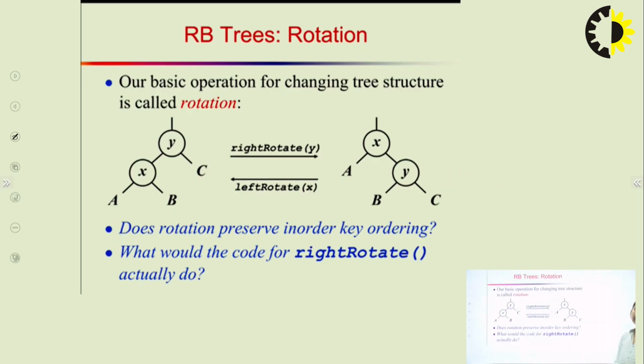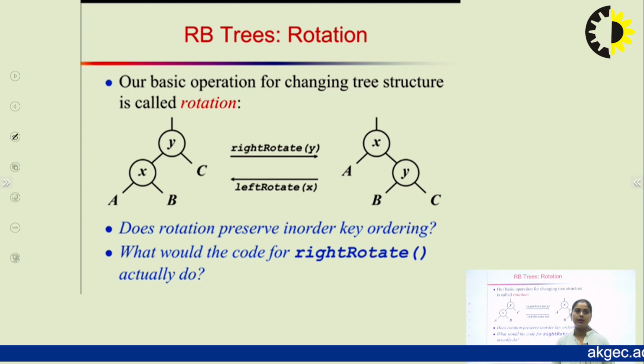Now, there are some rotations which you have already covered in the AVL tree. Just go through what the rotations are. So let us take an example. Basically, rotations are of two types. If we have some issue and we are going to fix it, rotation is required in the RB tree as in the AVL tree.